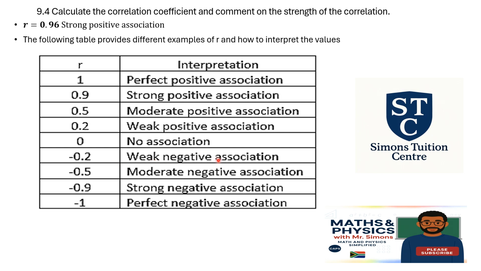Then we also have weak negative, moderate negative, strong negative, and perfect negative association. So you can pause there, write the table down in your book. Make sure you know it, but I'm sure your teachers have given you nice notes on it.